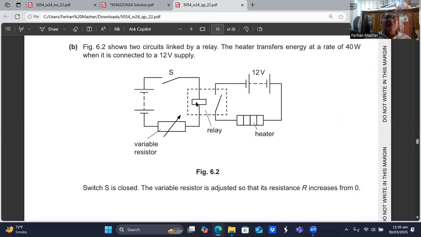At some point, because of the high resistance, the current will become so low that the magnet will be very weak. It will no longer be able to attract this relay switch. So the relay switch will open, and all of a sudden the current flowing through this circuit will stop.